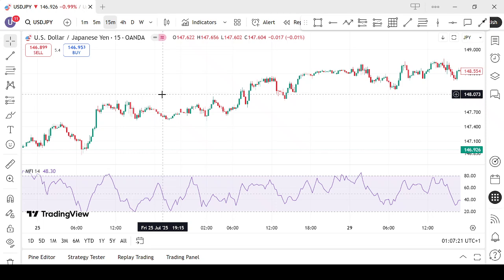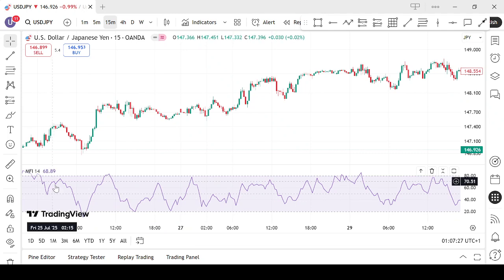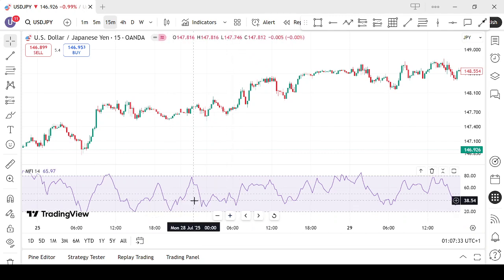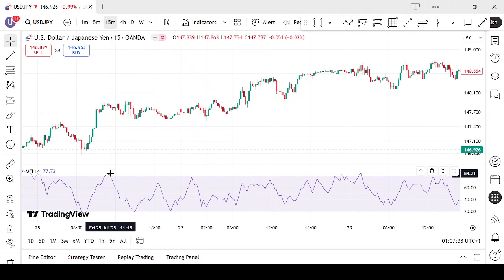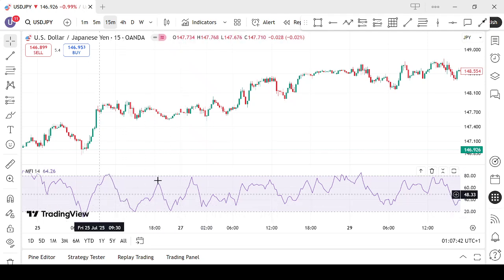The money flow ratio is calculated by dividing the positive money flow by the negative money flow, and the ratio is then used to derive the MFI value, which ranges from 0 to 100. Now these are basically calculations, and the indicator has already done all those calculations for us.